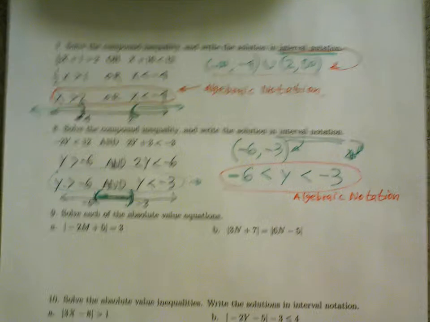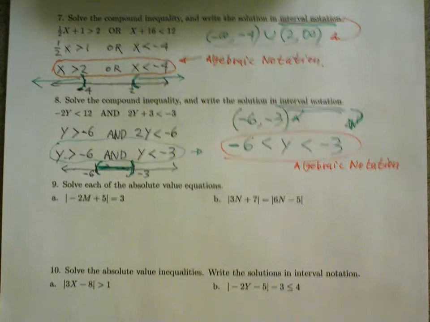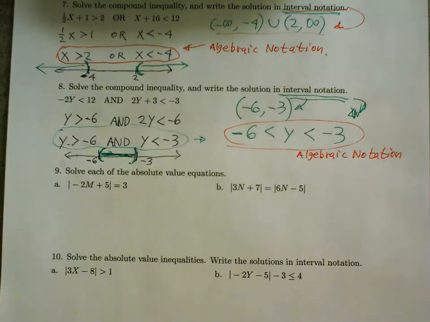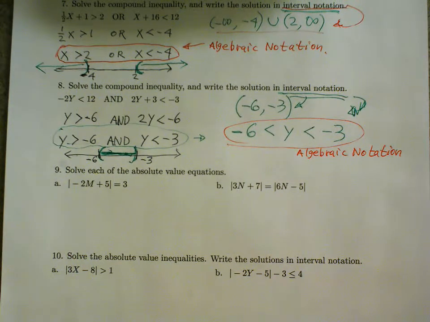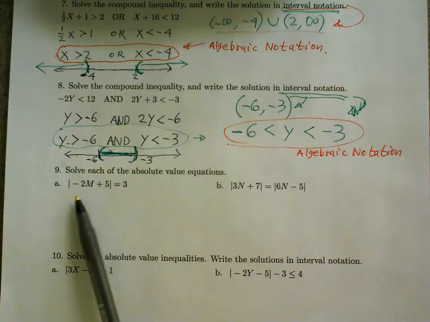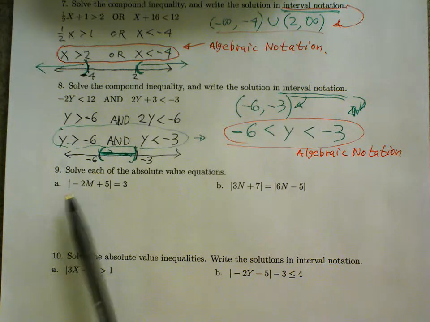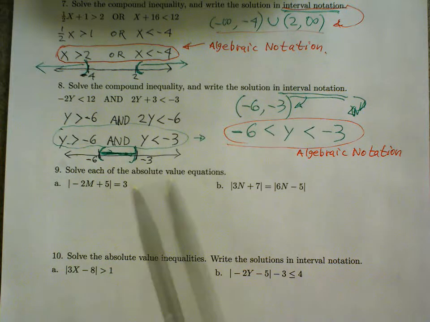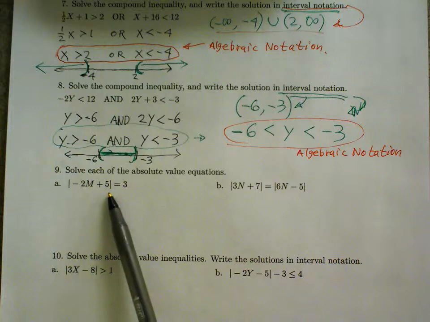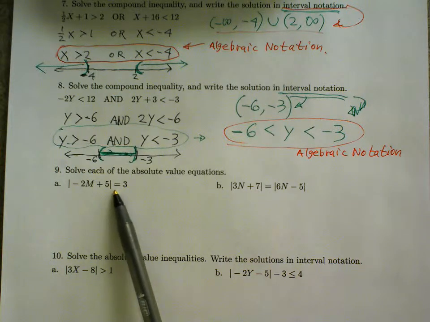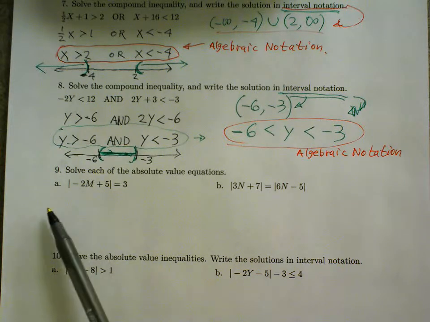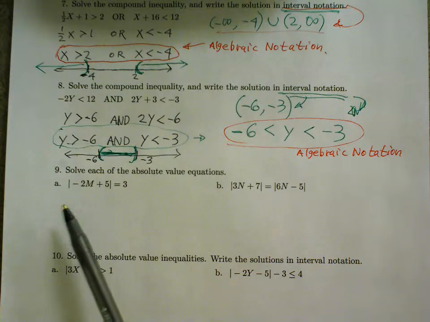Okay, number 9, solve the absolute value equations. Okay, when we solve an absolute value equation, we want it to be in standard form, which this one is. That means that the absolute value part is by itself on one side of the equation. So our first step, after it's in standard form, is to write two equations without absolute values.